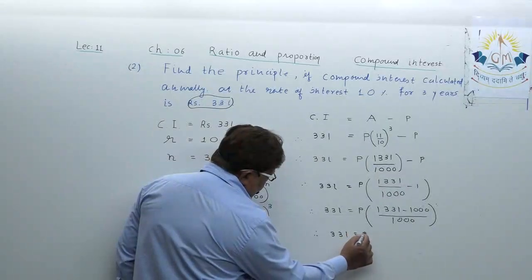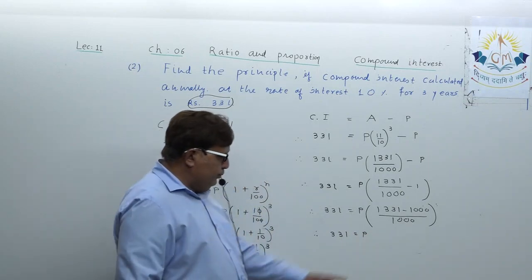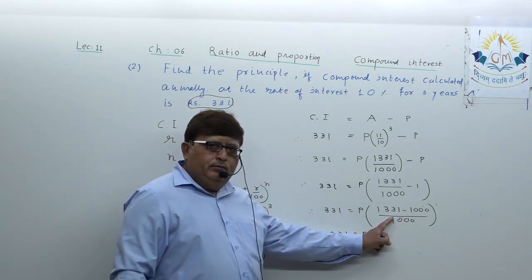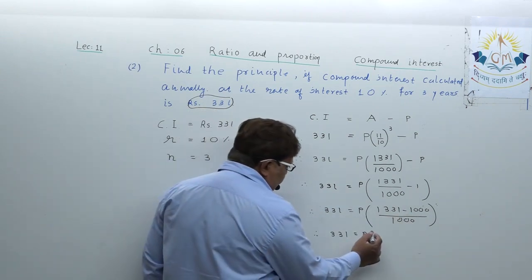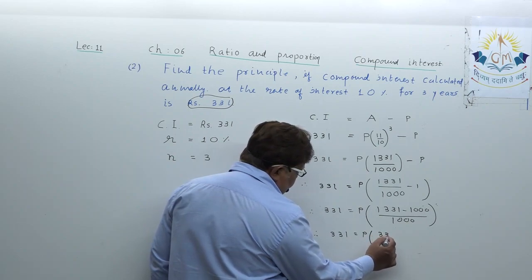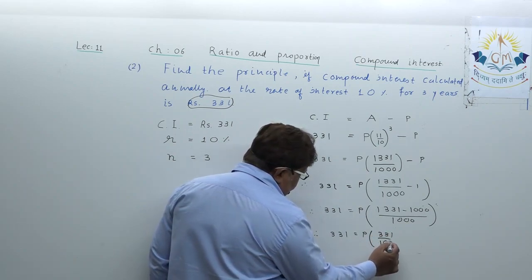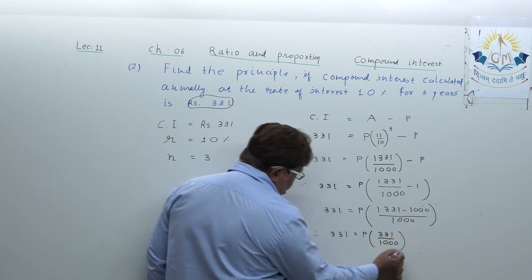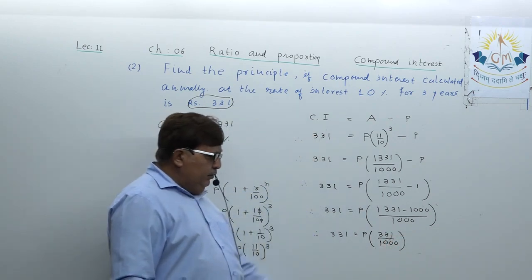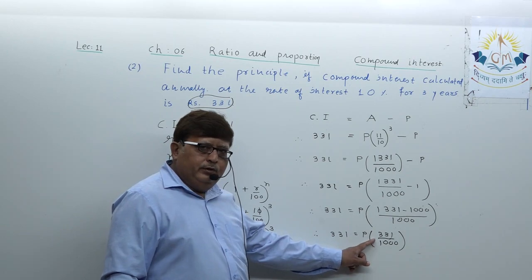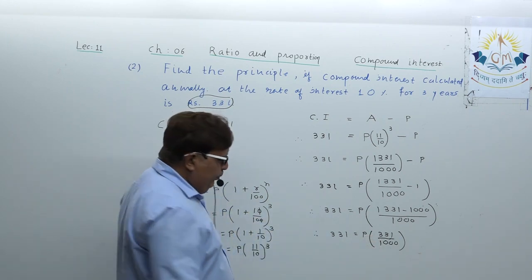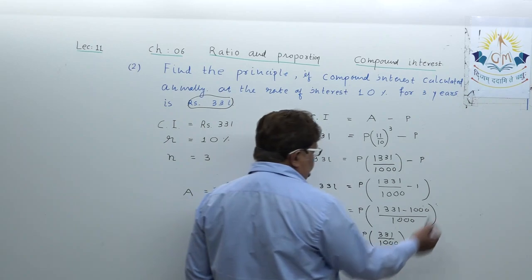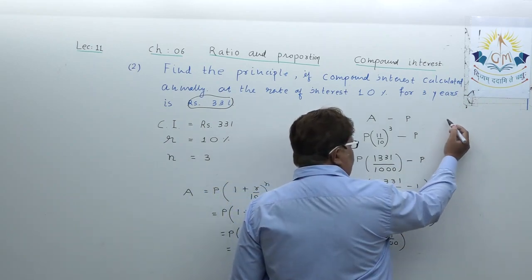Okay, next step. 331 equals P into bracket, 1331 minus 1000, it is 331 upon 1000. Okay, dear student, now it is simple. Transferring this fraction on this side, it will get reciprocalized. So I just continue here, dear student.